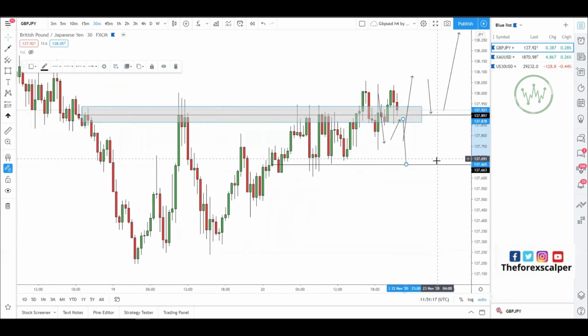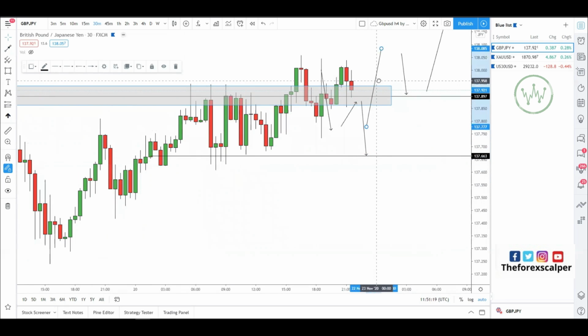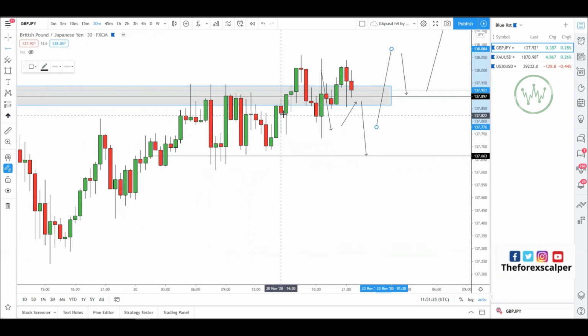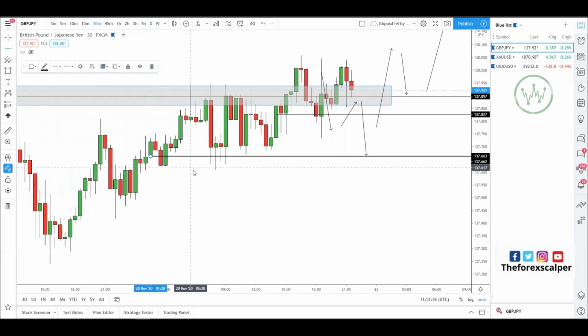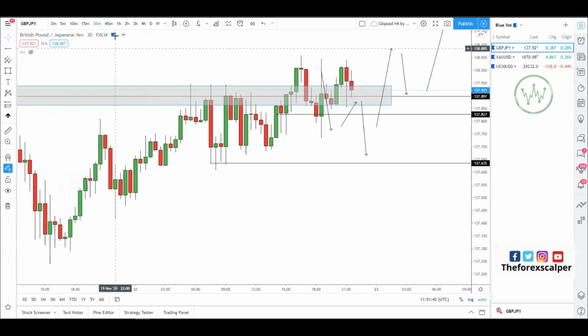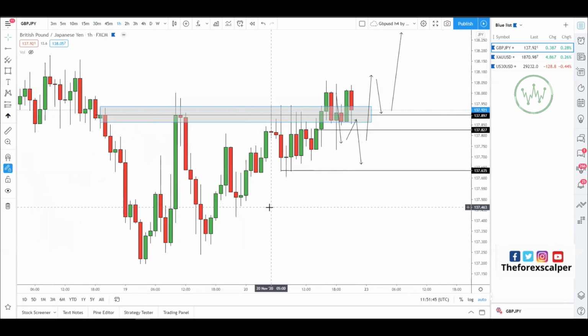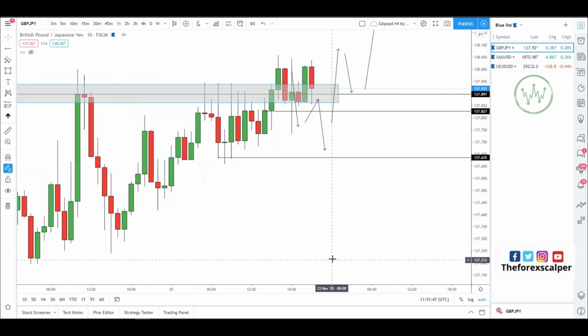It's important to know that if price is pushing to the downside, this level has to be taken out for a proper and valid push to the downside. Your first target could be somewhere around this area again. And yeah, that could be a scenario.